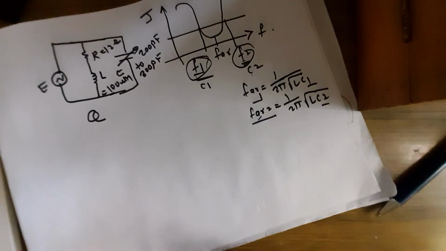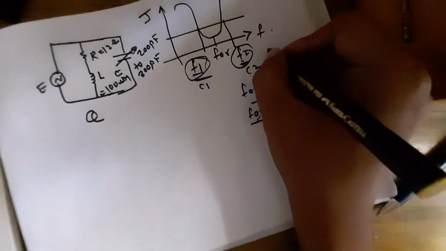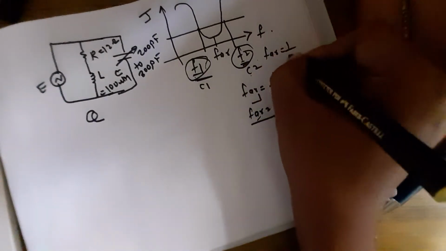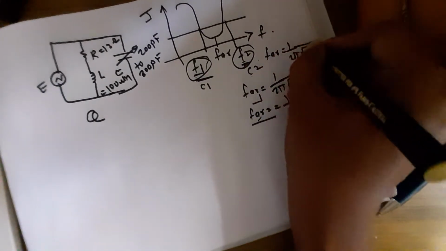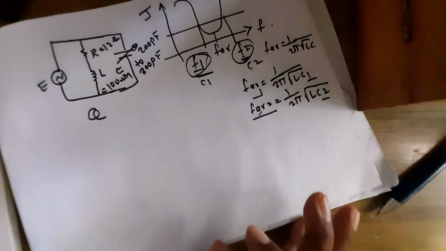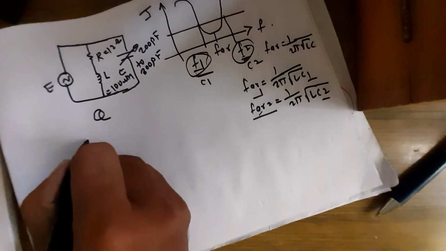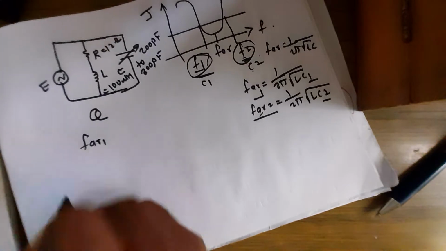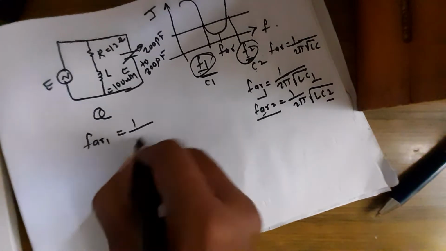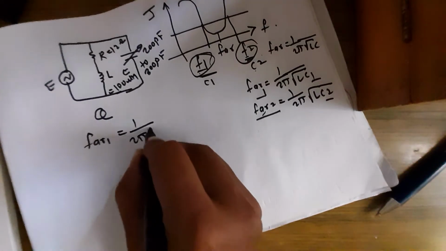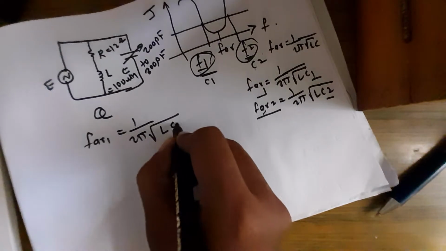We will start from the first. We must already know the formula for FAR, which equals 1 upon 2 pi under root of LC. So I take the first formula, FAR1 equals 1 upon 2 pi under root of L into C1.